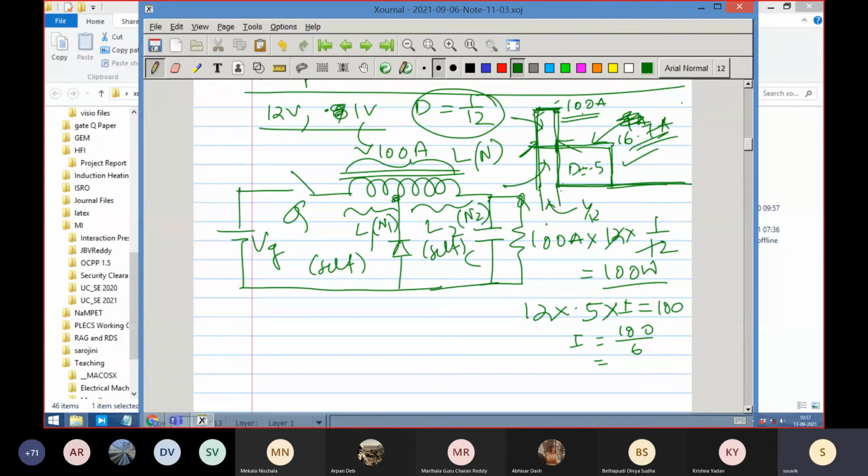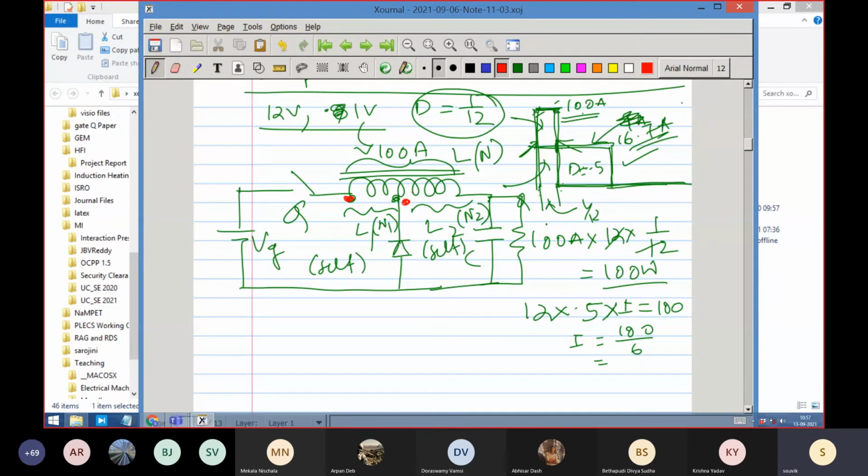Not only that, whenever there is a coupled circuit, we need the dot convention. Dot convention means current flowing through the dot terminal will produce flux in the same way. So I put a dot terminal here, let me put it with the red dot.